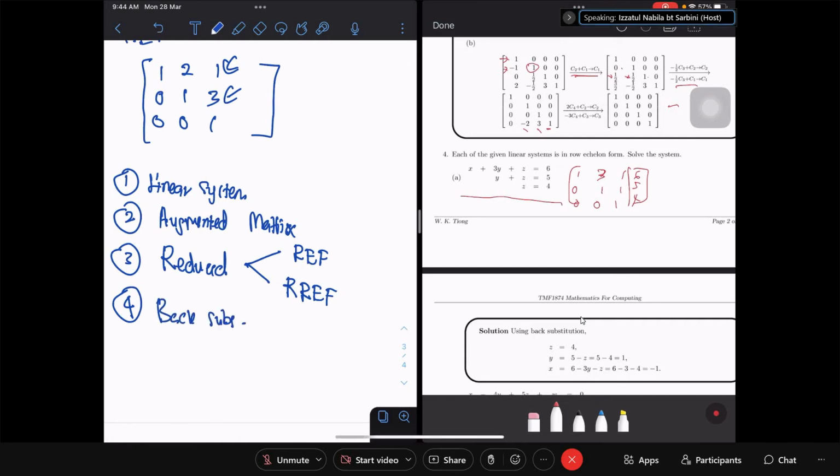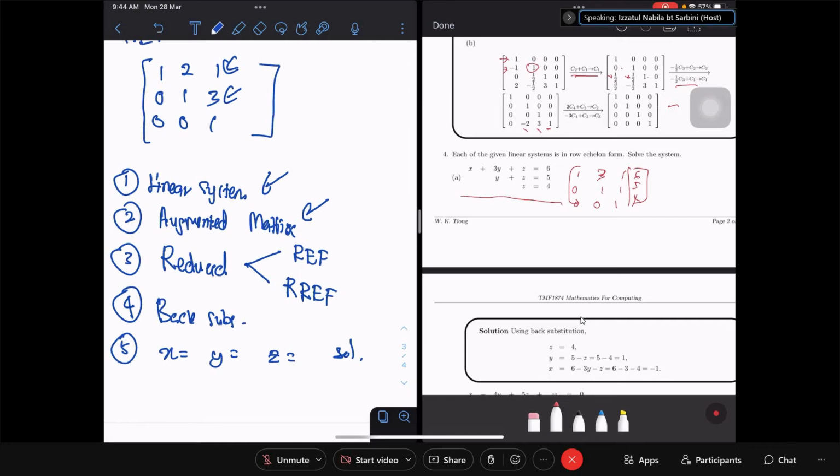At the end, you will have the result: what is your X, what is your Y, and what is your Z. This will be your solution at the end. So usually you have a linear system, change it into an augmented matrix, and then reduce it into REF or RREF.